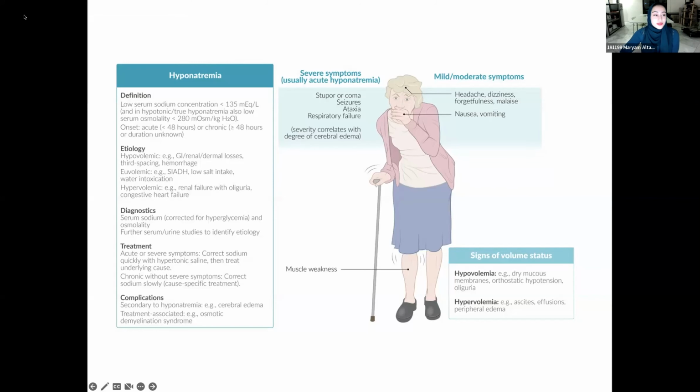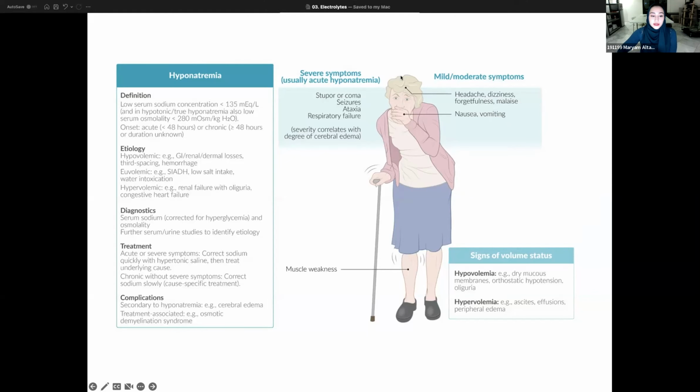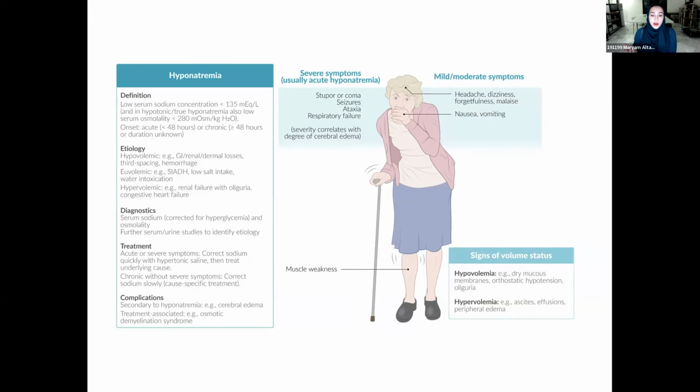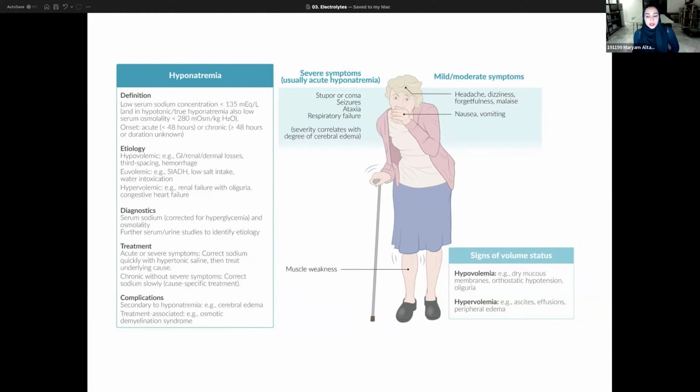Okay, so again, to define hyponatremia, it's a low presence of sodium in the blood, less than 135 milliequivalents per liter. If it's acute in onset, it's less than 48 hours, and usually these patients will show more severe symptoms. The reason you have these symptoms is because, remember, if there's low sodium in the blood, or you have a hypoosmolar state, the inside of the cells is going to be more concentrated with solutes.